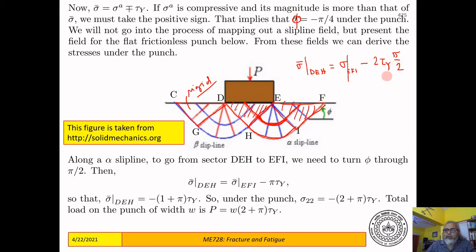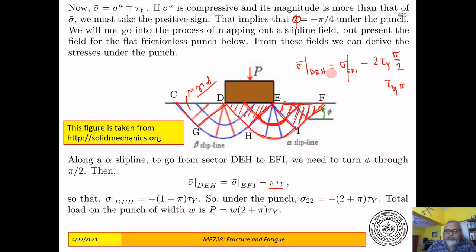So this is tau y pi, and the difference in the mean stress here and here should be equal to tau y pi. Now in this region we actually know sigma bar, and it is equal to minus tau y.